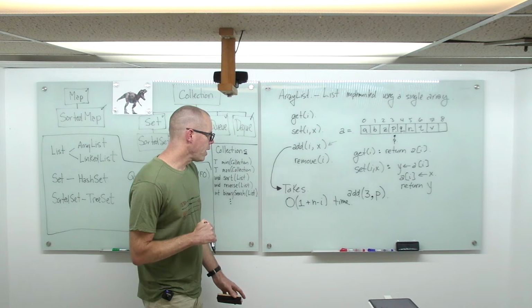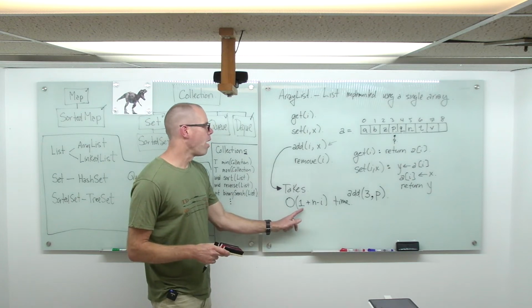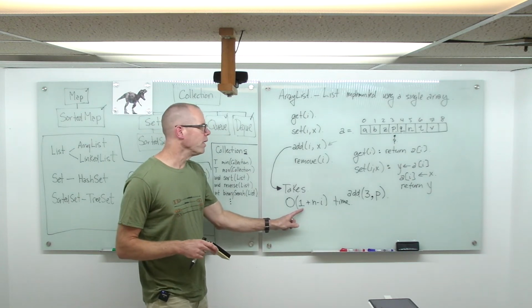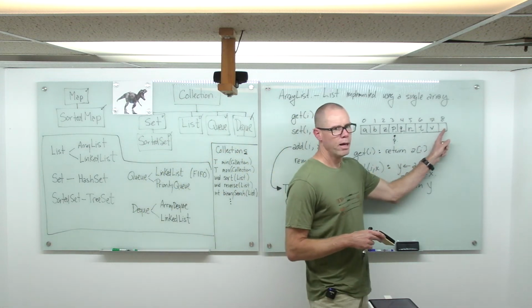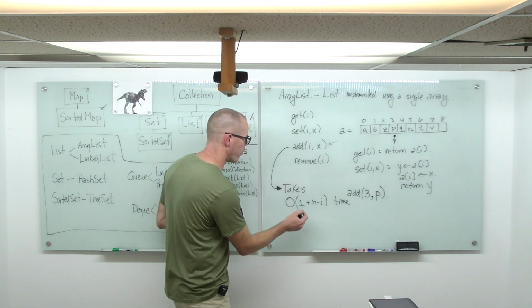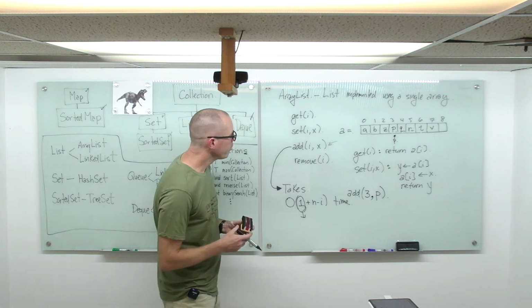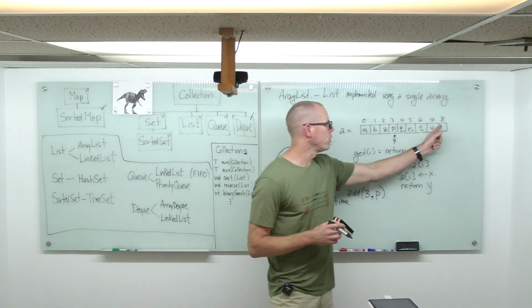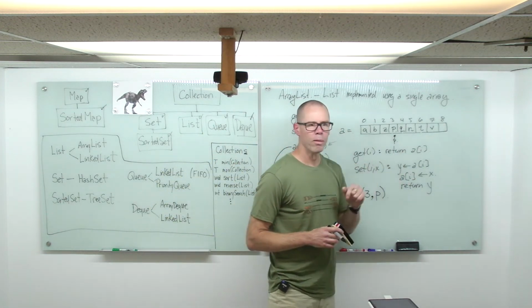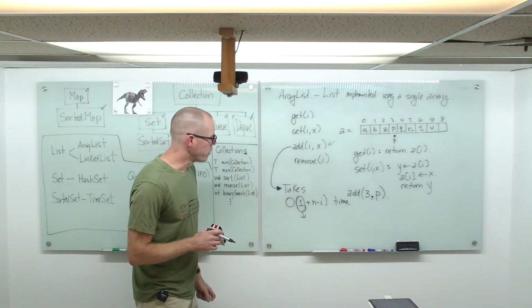But in this case, there's some amount of work you have to do to add something. So even if you want to add at the very end, there's some constant amount of work you have to do. It could be just setting the value of that array location, which takes some amount of time.